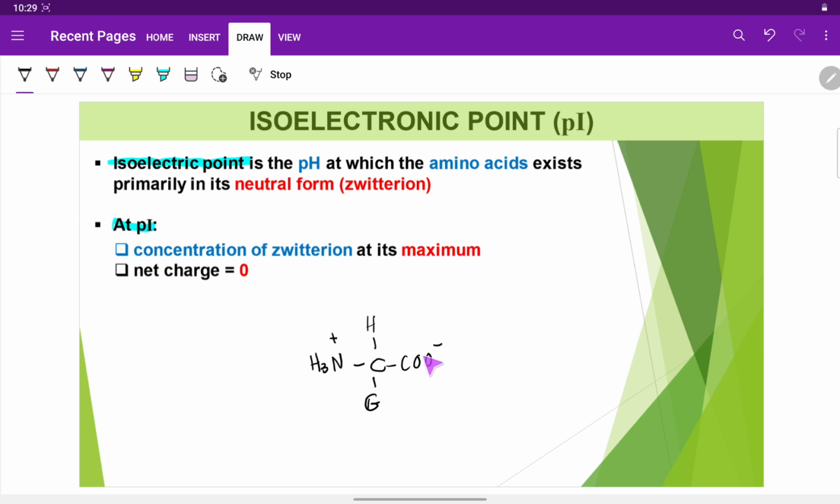Just kalau soalan kata the isoelectric point, katakan untuk glycine is pH equals to 6, dan soalan akan tanya, draw the structure of glycine at pH 6, awak akan lukis zwitter ion lah. Lepas tu kalau dia kata draw the structure of glycine at pH 11 contoh, nanti akan ada structure lain. Apa structure-nya kita akan tengok kemudian.